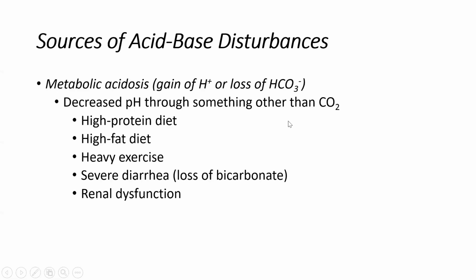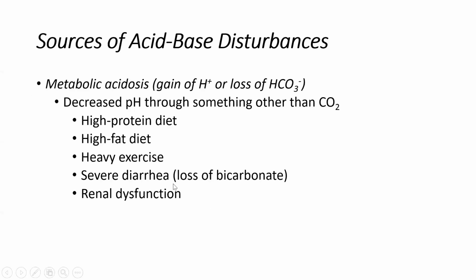That can be a high protein diet, that can be a high fat diet, lots of exercise, again, creating more lactic acid. That can be severe diarrhea. So if we have a lot of diarrhea going on, we lose some of that bicarbonate through the feces, through that watery component of the feces. And then renal dysfunction can contribute to that as well.